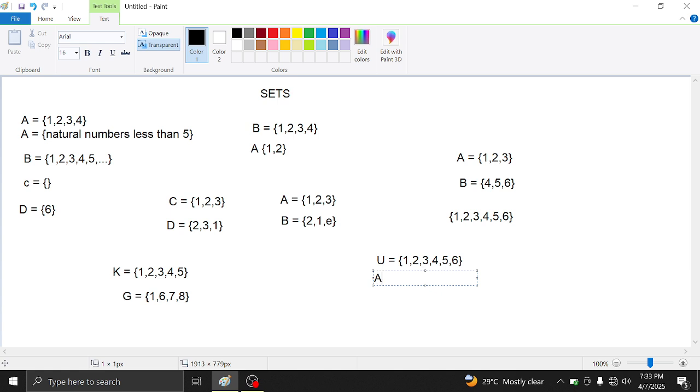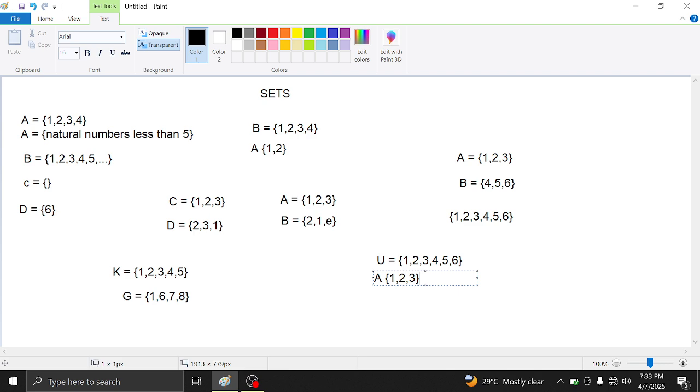You are asked to find the complement of A, meaning all members present in the universal set, but we don't want the members of A. So 1, 2, 3 are excluded. The complement of A is going to be 4, 5, and 6 as the answer. So that's how we find the complement of a set.